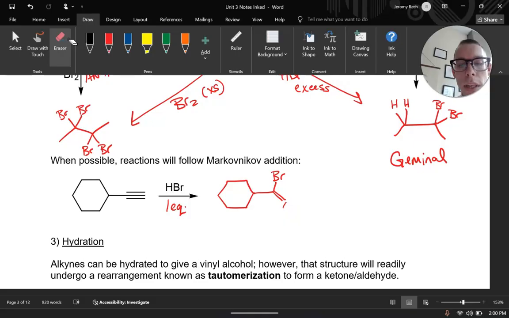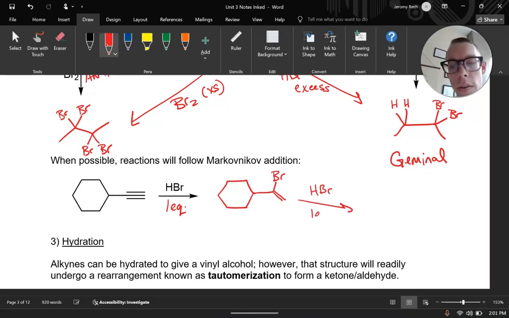I'm going to erase those from our skeletal structures. You can then, for example, imagine doing another HBr single equivalence and then getting your same type of geminal dihalide here.